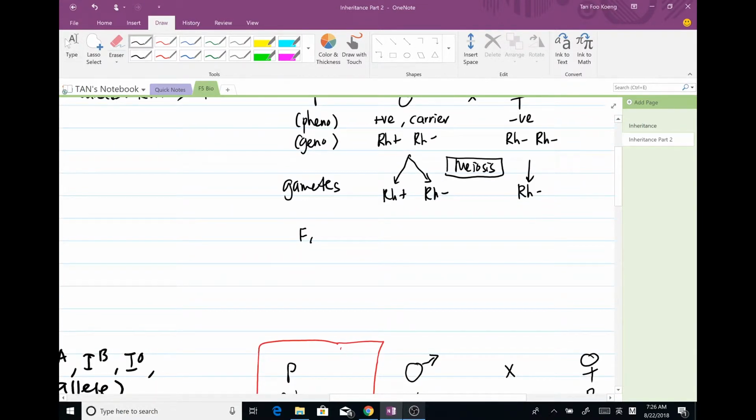Then during random fertilization, complete the whole thing. Rh positive can combine with Rh negative, giving rise to this genotype. This one can also combine with this to give you Rh negative.